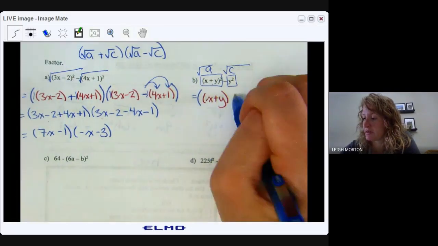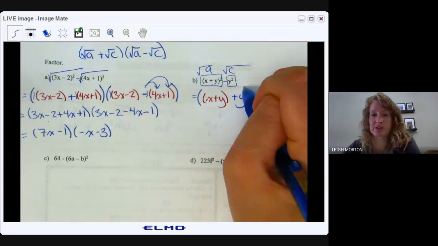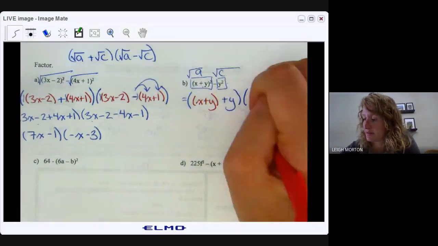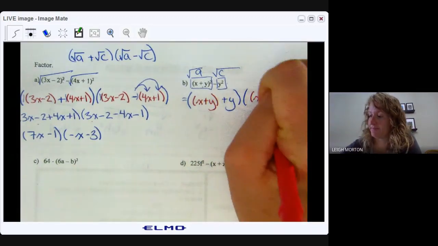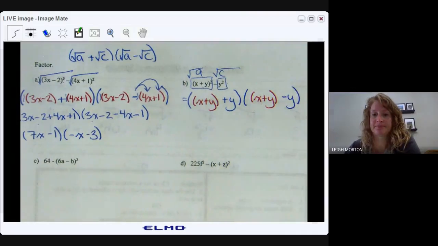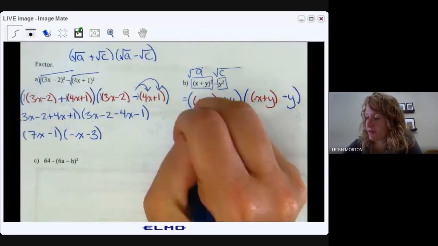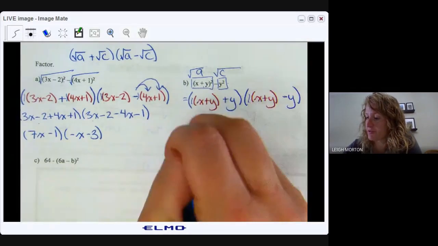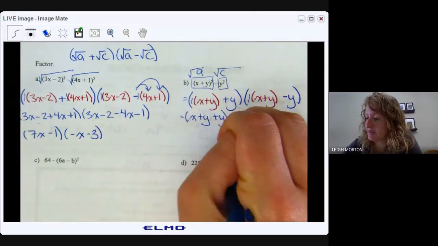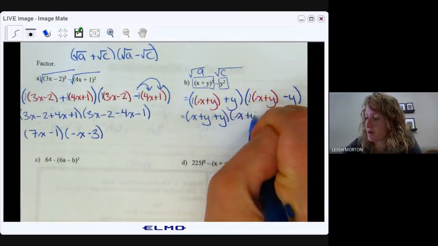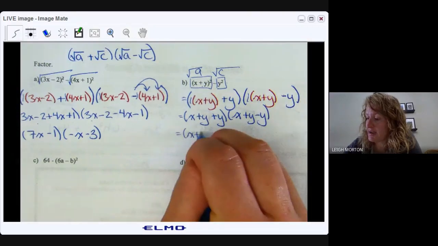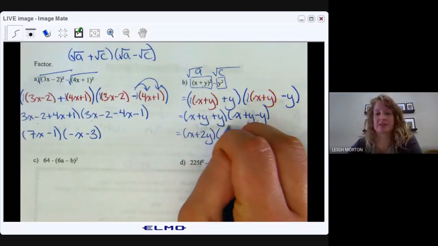Then I'm going to add the root of my c term, so that's plus y, times, again, the square root, x plus y, this time minus y. Well, those ones outside the brackets just get distributed through. They're all positive 1. So x plus y times x plus y minus y leaves me with x plus 2y times x.